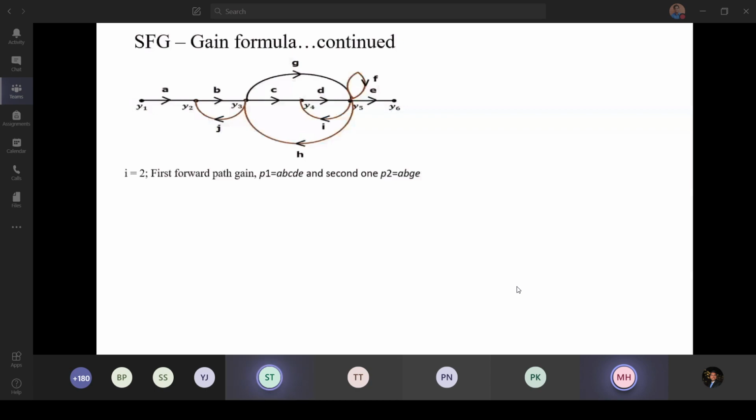Here there are two forward paths. The first one is through A, B, C, D, E. The second one is through A, B, G, E, that is a direct connection between y6 and y1. So the first path has gain A, B, C, D, E, and the second path A, B, G, E.